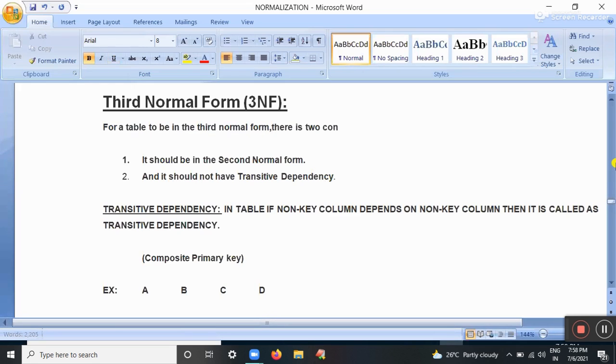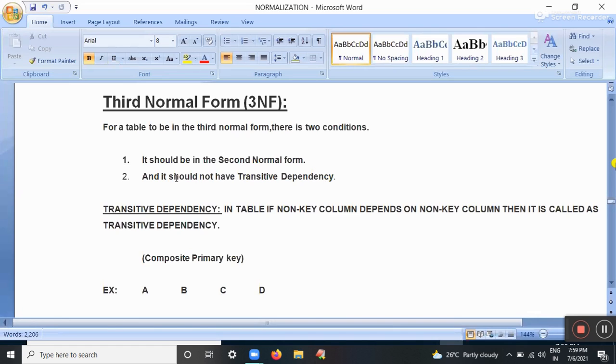One is that your table should be in the second normal form. Second normal form means what we said: there are no partial dependency columns. That is called second normal form.